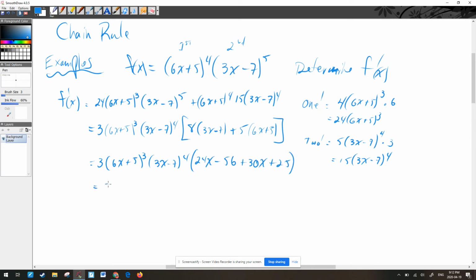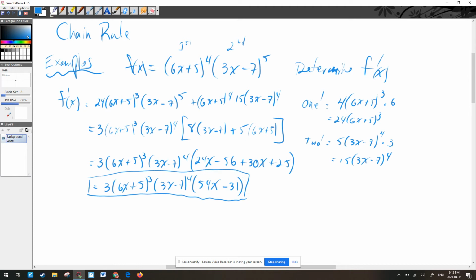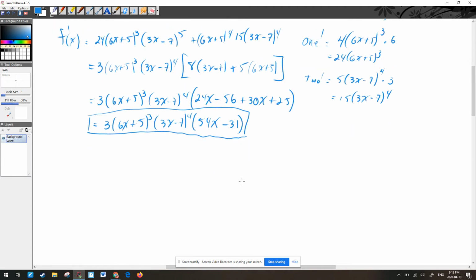Fully simplify. 3 bracket 6x plus 5 cubed times 3x minus 7 to the fourth. And then 24x plus 30x is 54x. Negative 56 plus 25, it's going to be negative 31, I think. Negative 31. Now, negative 31 is prime if I've added that up properly, so I can't simplify that any further. And there it is. That's our derivative. Okay. Way back, simple derivative. Okay, let's try another one.